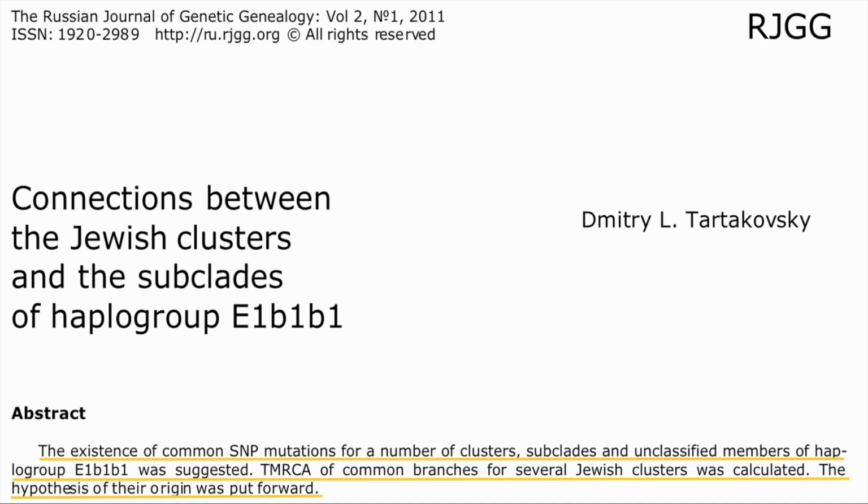According to the paper titled Connections Between the Jewish Clusters and Subclades of Haplogroup E1b1b1, it reads, "The existence of common SNP mutations for a number of clusters, subclades, and unclassified members of haplogroup E1b1b1 was suggested. TMRCA of common branches of several Jewish clusters was calculated. The hypothesis of their origin was put forward.